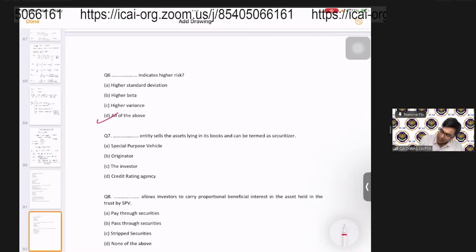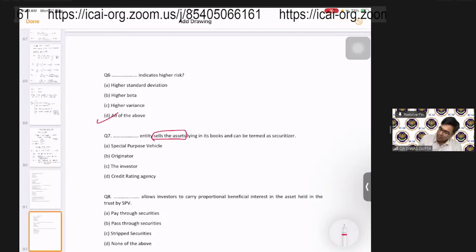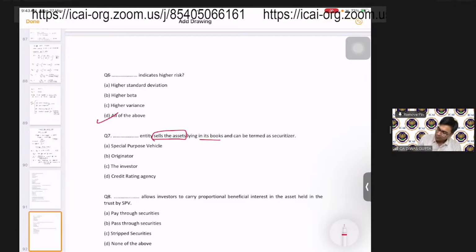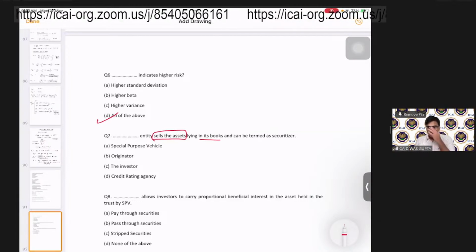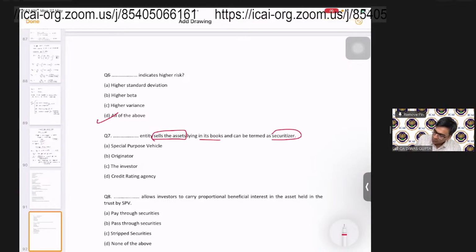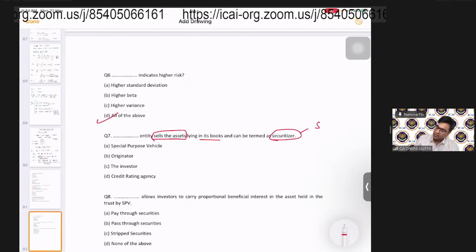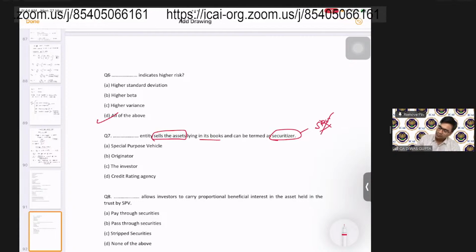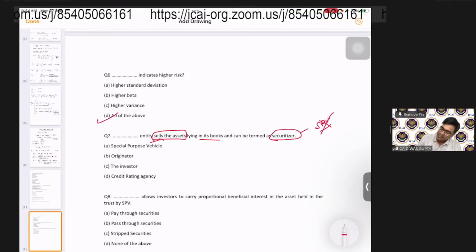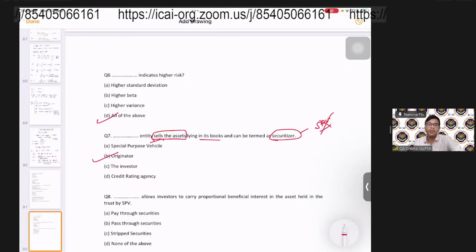The point is that it sells the assets lying in its books. In case this securitizer is confusing you, some of you might think since it is securitizer it is SPV, but it is saying sells the assets. So it is quite clear it is originator. Okay.